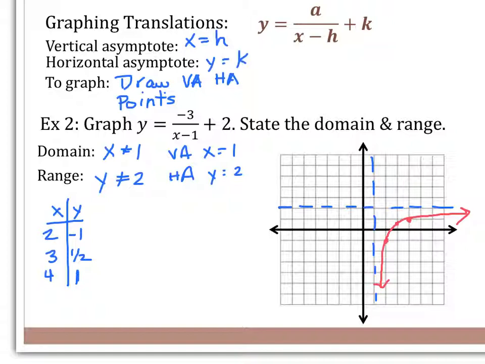And then we're going to draw the other side. So I'm going to pick 3 points smaller than x equals 1. And I'm going to go 0, negative 1, and negative 2.